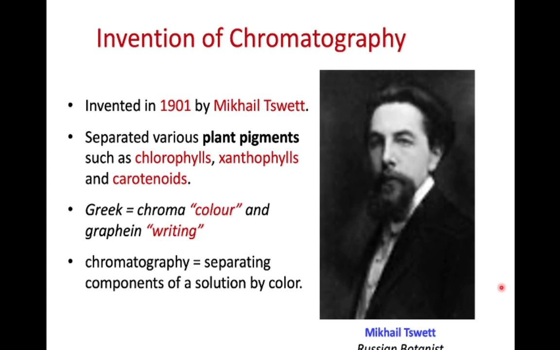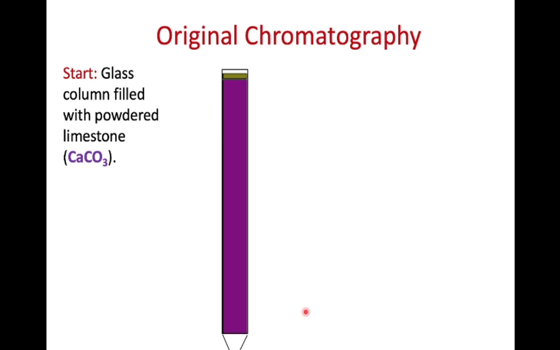When we think of chromatography, the name in Greek means chroma, which means colour, and graphein means writing. So chromatography is essentially separating the components of a solution by colour. The original chromatography started off with a glass column filled with powdered limescale, so calcium carbonate.